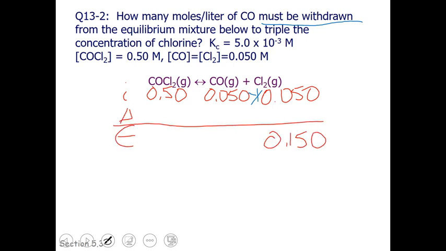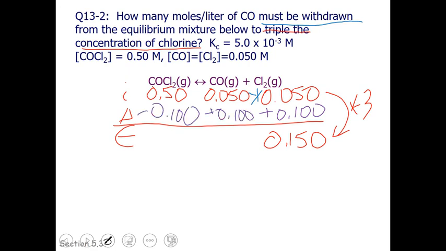My goal is to triple the concentration of chlorine. So that means I am going to go from 0.050 to 0.150. Having the initial in the equilibrium allows me to figure out the delta row. Once I have delta for one of the materials, I can use it for the rest of the materials.